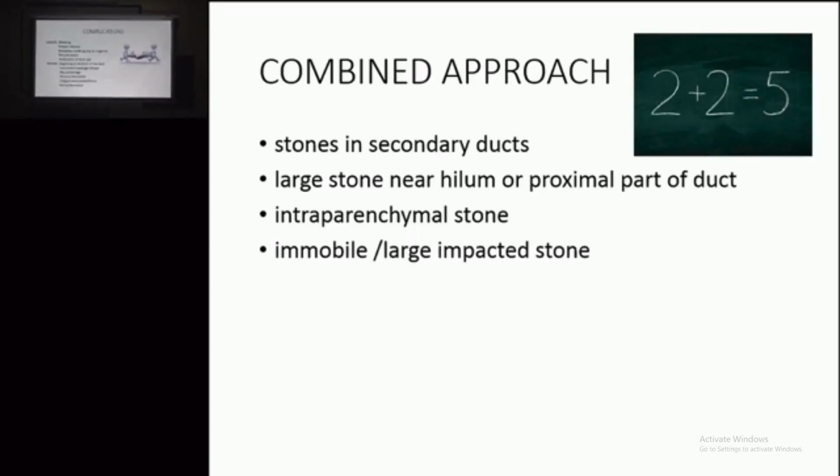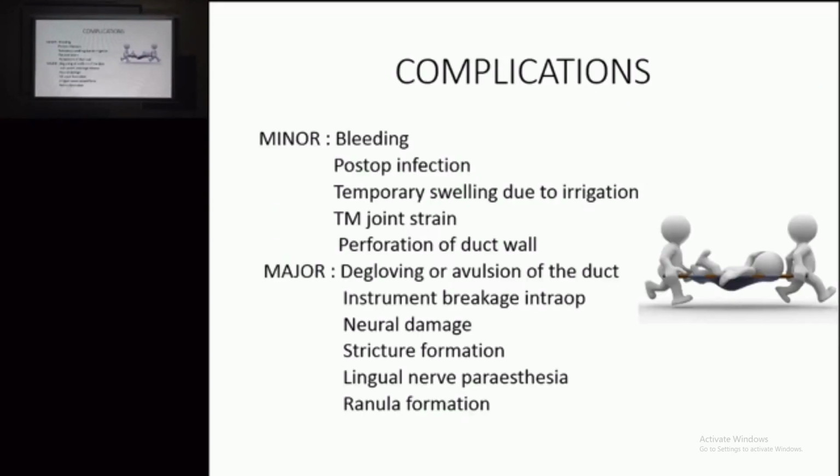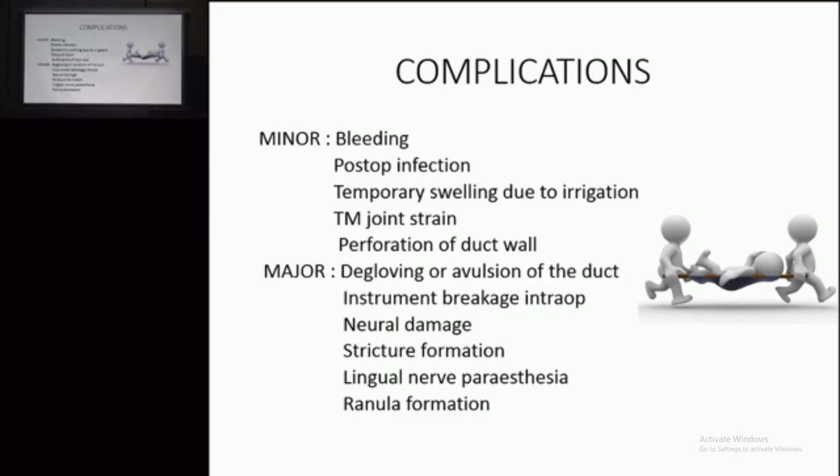Brief mention of the management algorithm of salivary gland disease. When we see a patient with a salivary gland disease, what do we do? We get an ultrasound done. If there is an obstruction, you can, as we mentioned earlier, do a diagnostic sialendoscopy. If it is for stones, you do an interventional sialendoscopy.